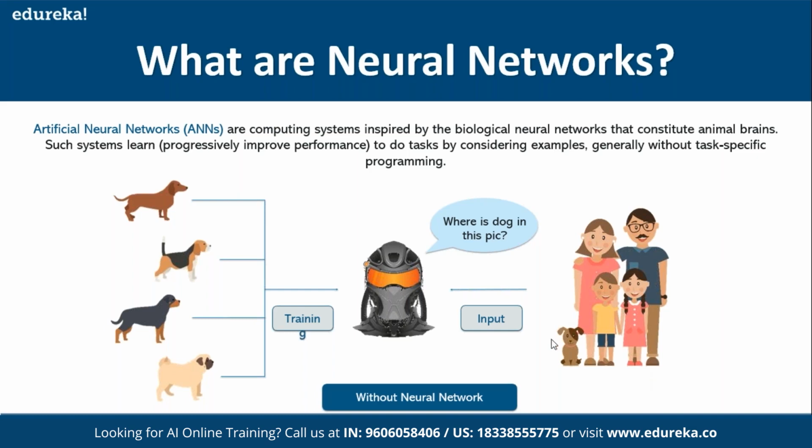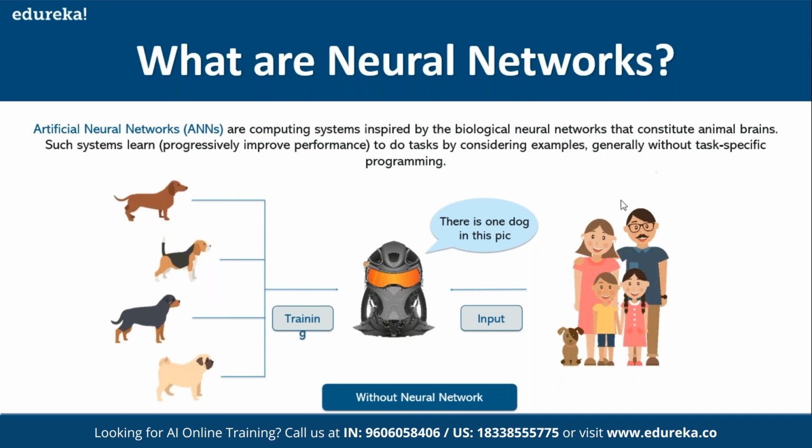But the dog in this photo versus the dogs with which we trained the application is very different. Which means in spite of training an application on various images of dogs, a regular machine learning algorithm which handles structured data fails, and it will not be able to identify there is a dog in this picture.